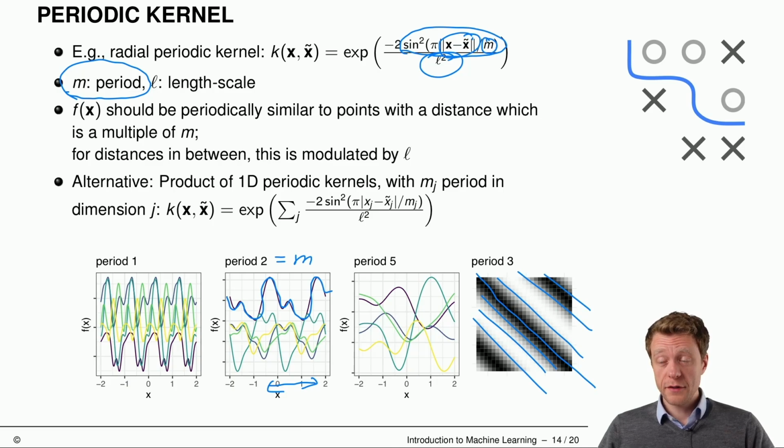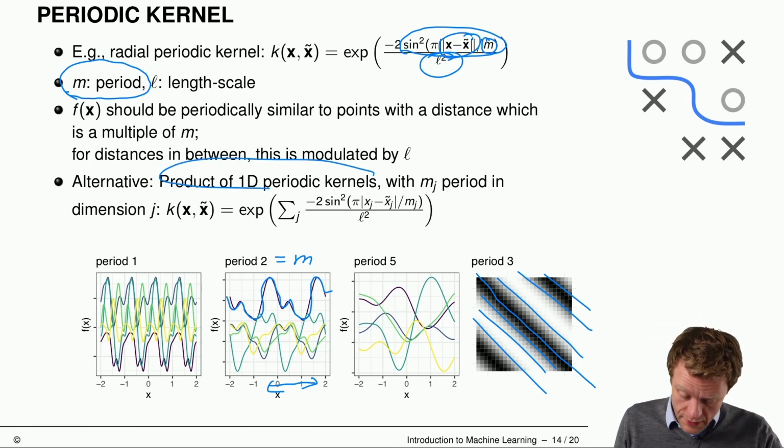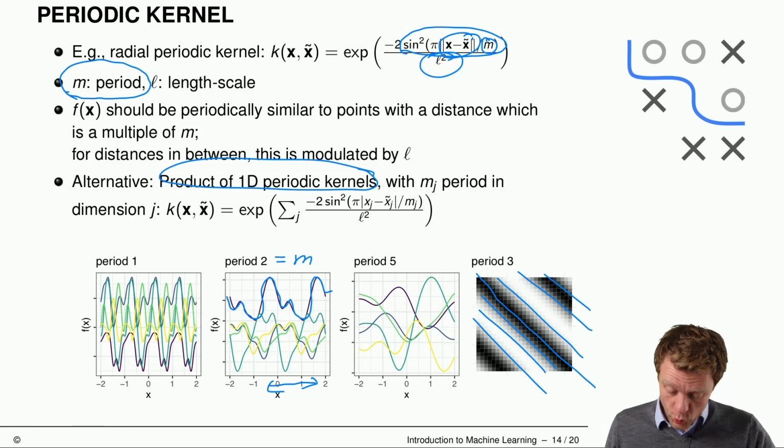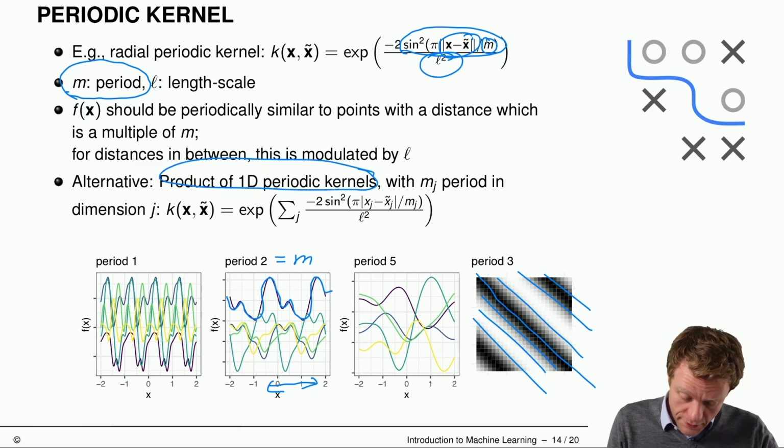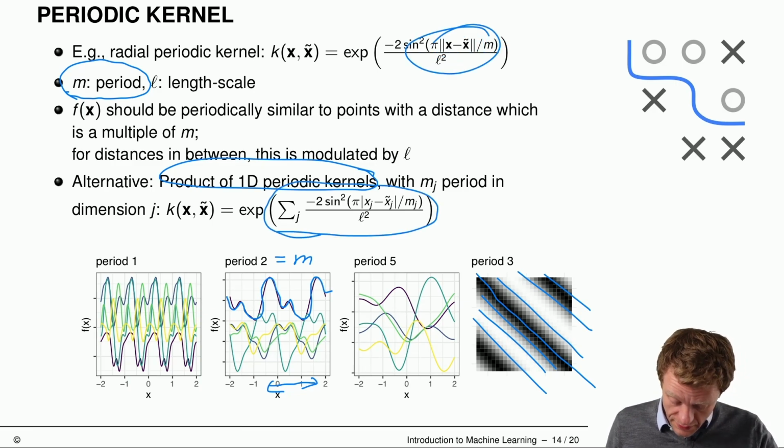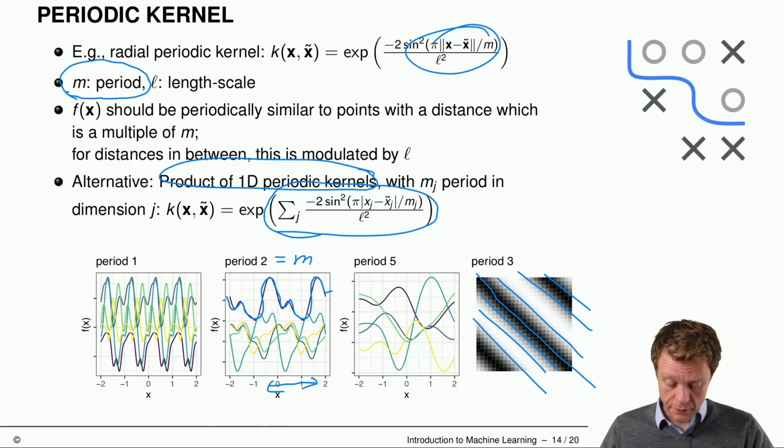An alternative to this radial periodic kernel would be a product of 1D periodic kernels, where we don't divide everything for all these dimensions by L square, but where we have maybe different periods here, right?